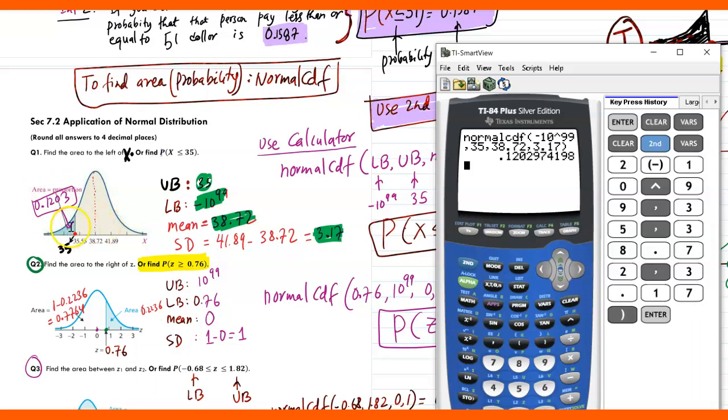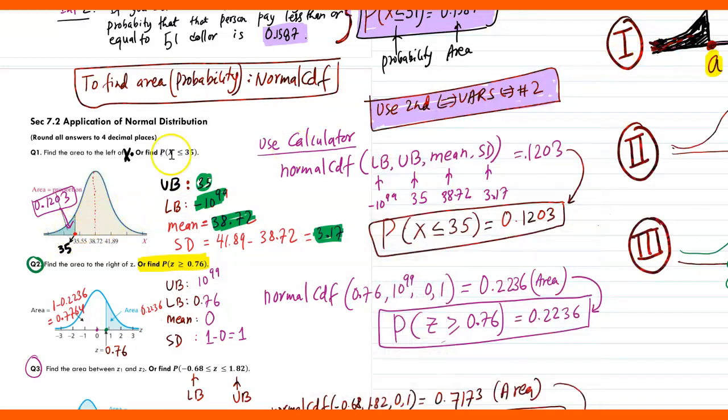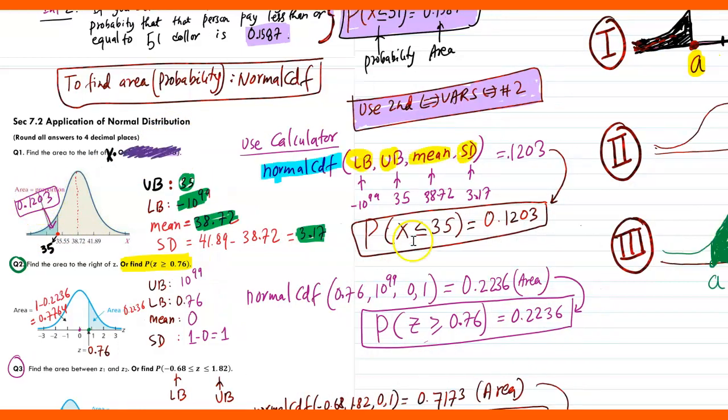Therefore, this area is 12%. In other words, the probability that x less than or equal to 35 is 0.1203. And also I put here P(x less than or equal to 35) equals 0.1203. Okay, that's the answer. That's question number 1. We find the left area.